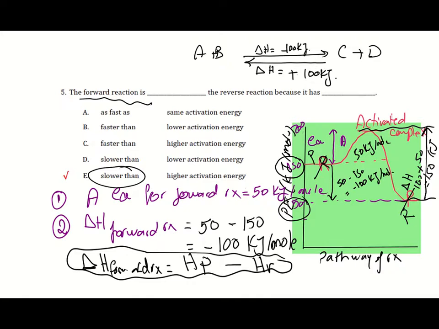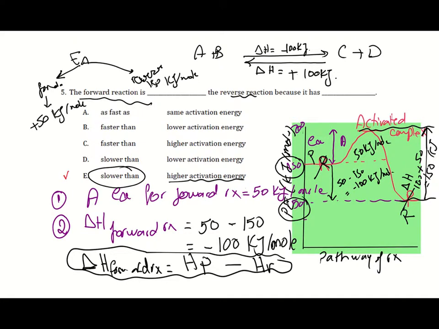The difference is only in the activation energy. Activation energy in the forward reaction is much smaller, it's just 50 kilojoule per mole, while in the reverse reaction it equals 150 kilojoule per mole. So the activation energy is much higher in the reverse reaction.